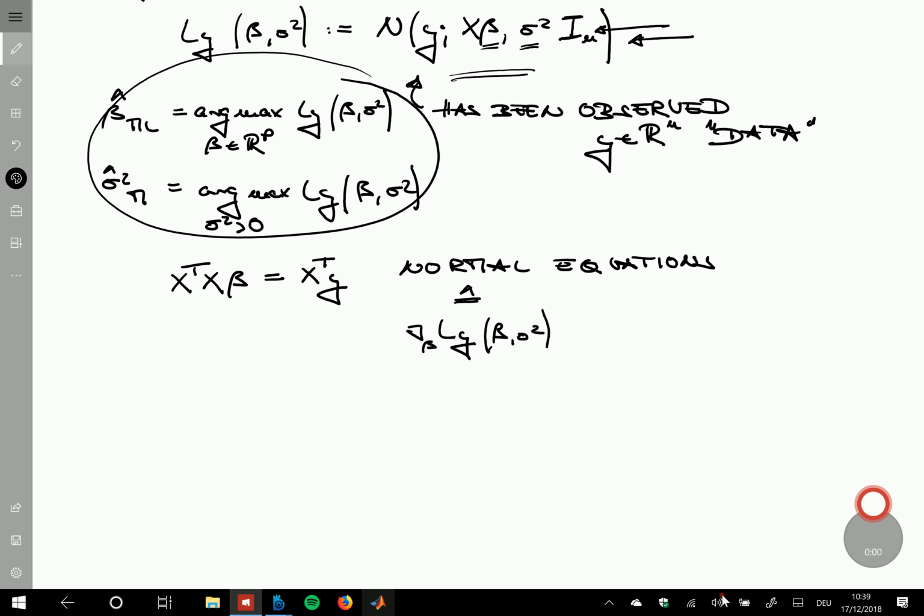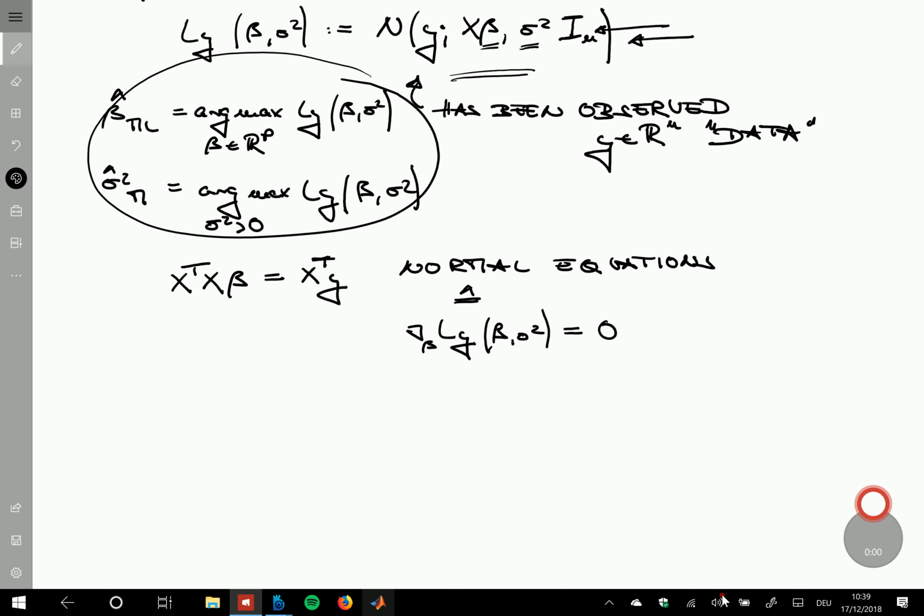Without going into how to compute the derivative of the likelihood function, what I'm telling you is if you compute the derivative of the likelihood function with respect to beta and set it to 0, you get a system of equations that takes this form.